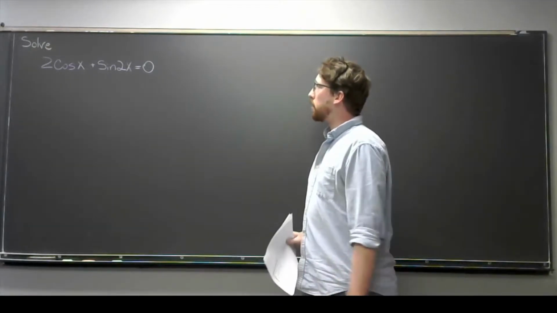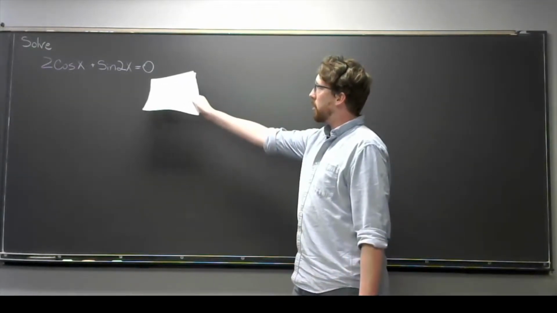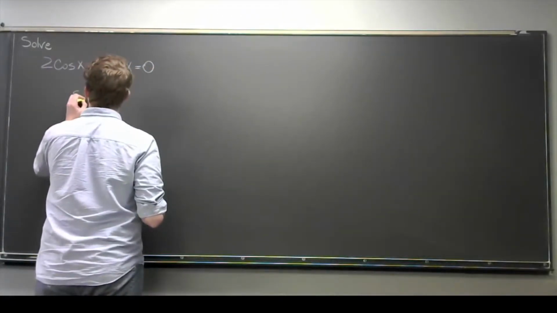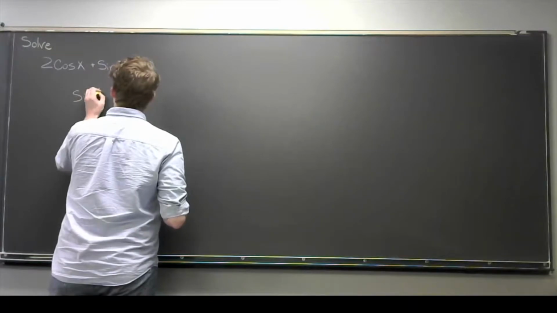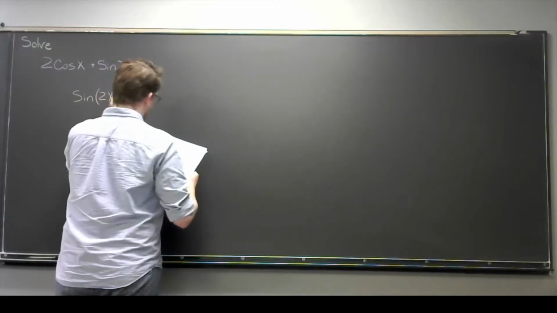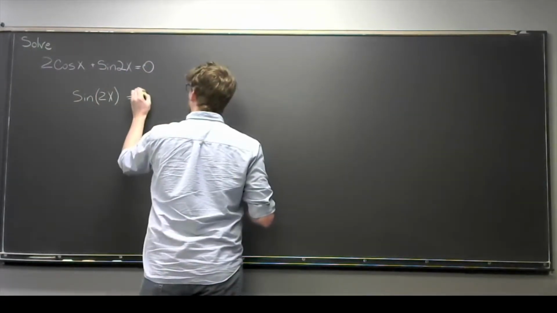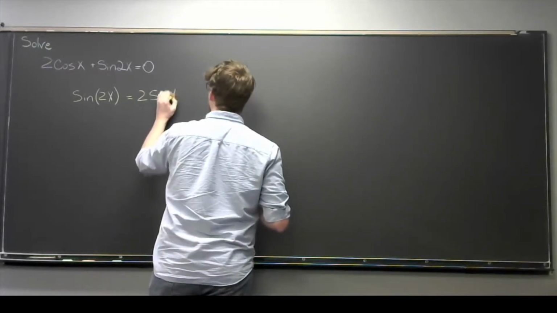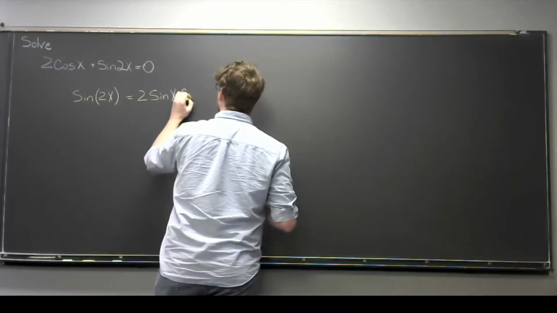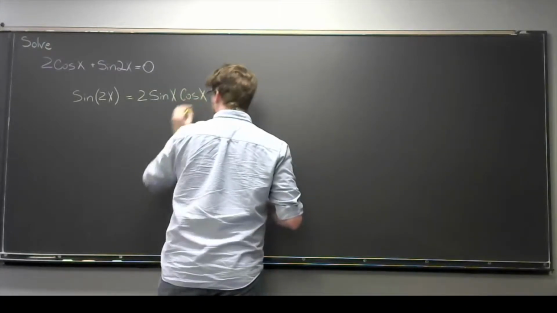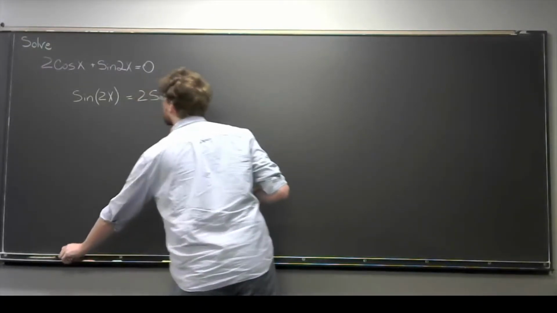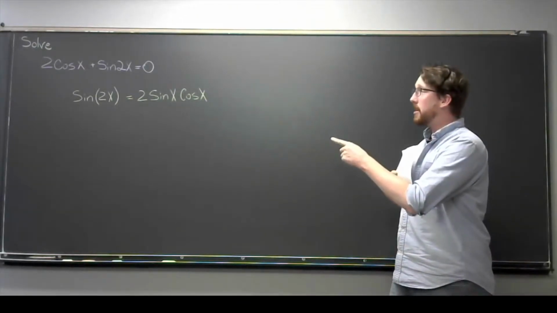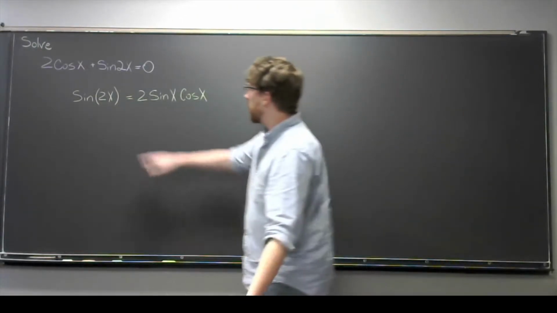So to start off this problem, the first thing you're going to want to note is that the sine of 2x is equal to 2 times the sine of x times the cosine of x. So we're going to use this identity, this formula, in here.